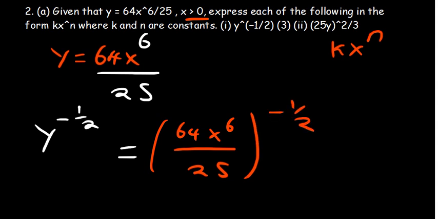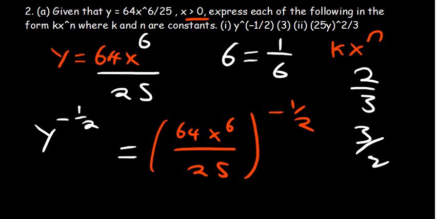We get to change the sign of the power by coming up with what we call a reciprocal. So what does a reciprocal do? The reciprocal requires you to exchange, to swap the numerator and the denominator. So the reciprocal of 6 is 1 over 6. For fractions, you exchange the numerator and the denominator, so the reciprocal of 2 over 3 is 3 over 2. That's what you need to know there.